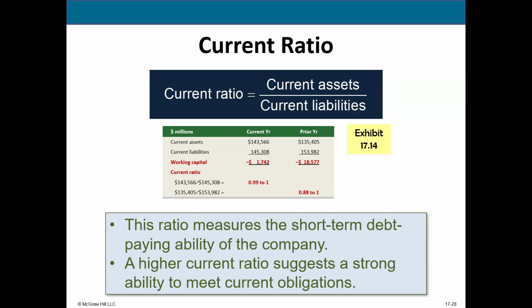And here we're looking for anything greater than 1 is considered good, right? Anything less than 1, not great. And so for Apple's situation, it's less than 1. That's not good, but it's not the worst thing in the world. It just means that they're a little bit more risky when it comes to taking out any additional debt.